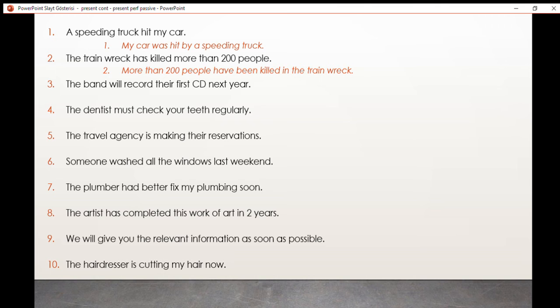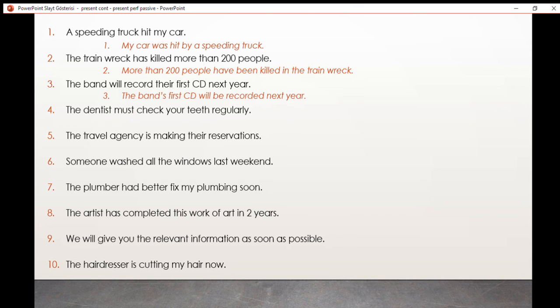It's like you are talking about the train wreck in a person voice, as if the train wreck came alive and killed all the people there. But no, it just happened. It's an accident. So that's why we say more than 200 people have been killed in the train wreck instead of saying by the train wreck.